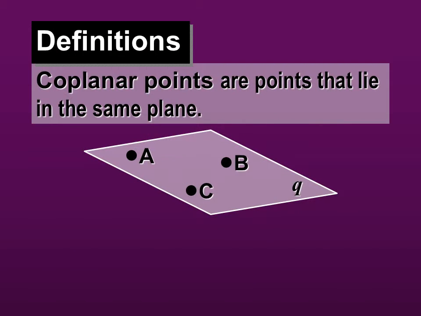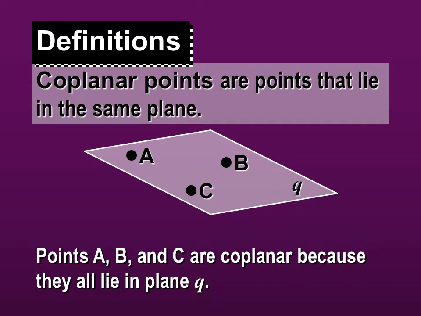Next, we have the definition coplanar points. So that word co, again, means on the same, right? And we're talking about planar, so we're talking about the same plane. Coplanar points are points that lie on the same plane.